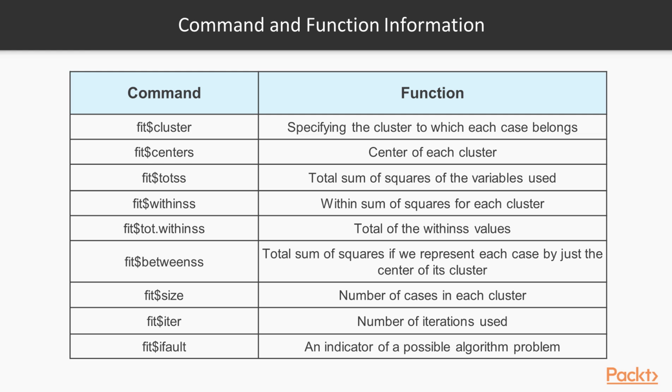We can summarize the information as: the clustering vector specifies the cluster to which each case belongs. The centers denote the center of each cluster. totss is the total sum of squares of the variables used. We have used standardized values, and hence this number represents the total sum of squares of these standardized values.